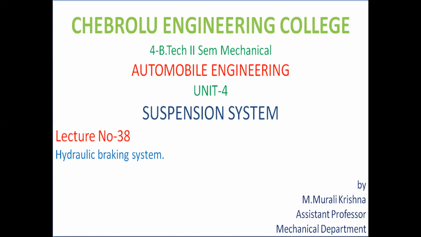To transmit that power to the wheels, we use different linkages, gears, and connections; those are all called mechanical connections. That's why it is called mechanical braking system. Okay, so in this class we will see what is hydraulic braking system.